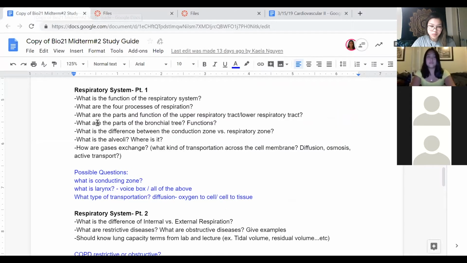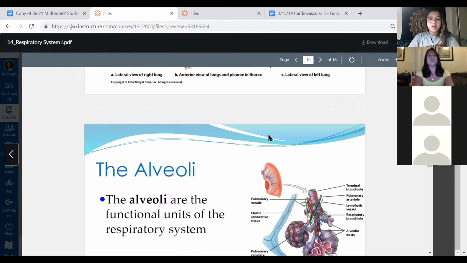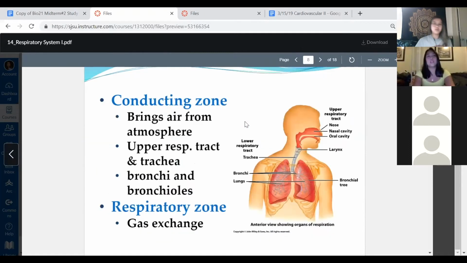So what is the difference between the conduction zone versus the respiratory zone? If we go back to the upper respiratory tract versus the lower respiratory tract, the upper, the larynx and the nose, is the conducting zone, and the lower is the respiratory zone, where the gas exchange happens.